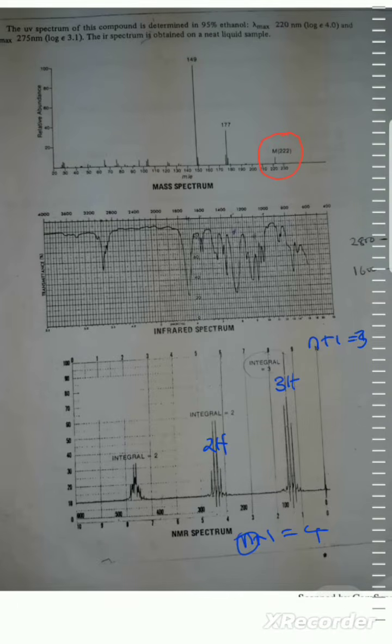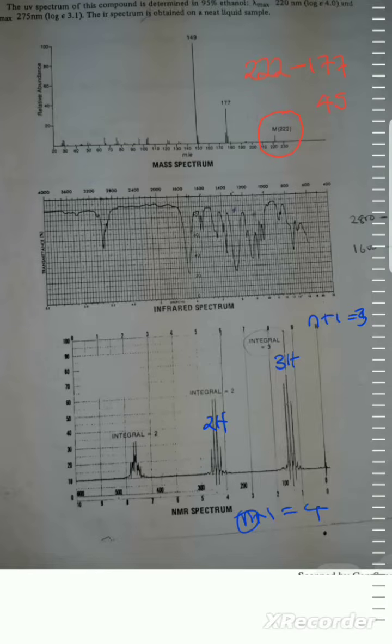What I'm going to do is, this is the mass, which is 222. I'm going to say 222 minus 177. When I say 222 minus 177, I'm going to have 45. So when I have 45 right now, I go to the mass spectroscopy manual that I have, then I check and correspond it to the data that I have gathered.